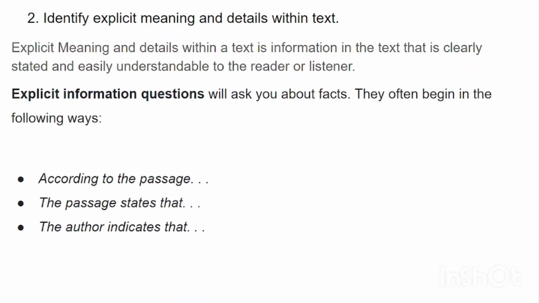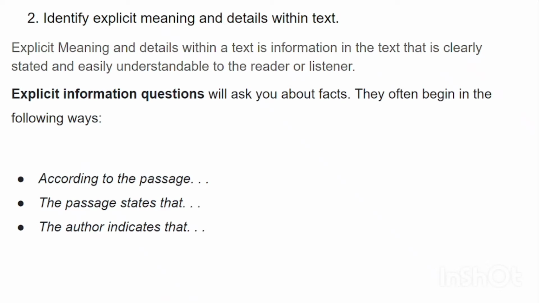You would go back to where the passage talks about Jill and Mike, and you will see the answer right there, because it's an explicit type of question. It has explicit meaning, meaning it can be found in the text. Once you go directly back to the paragraph, you're going to find it.